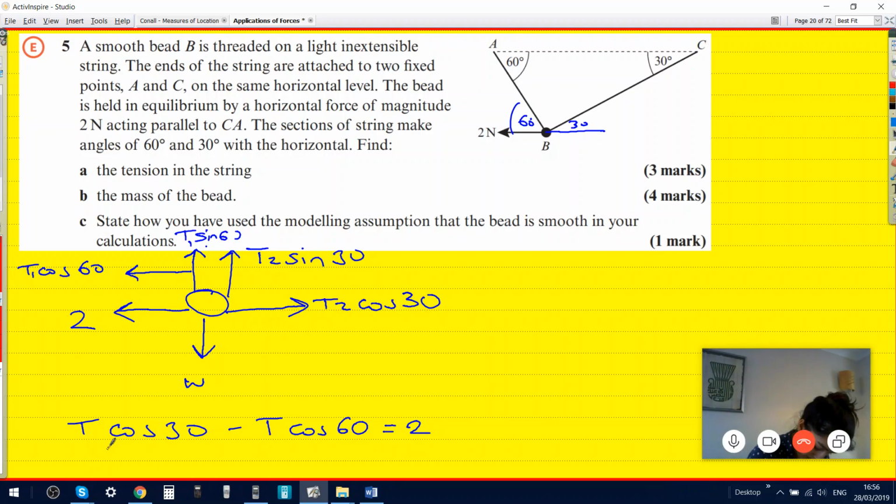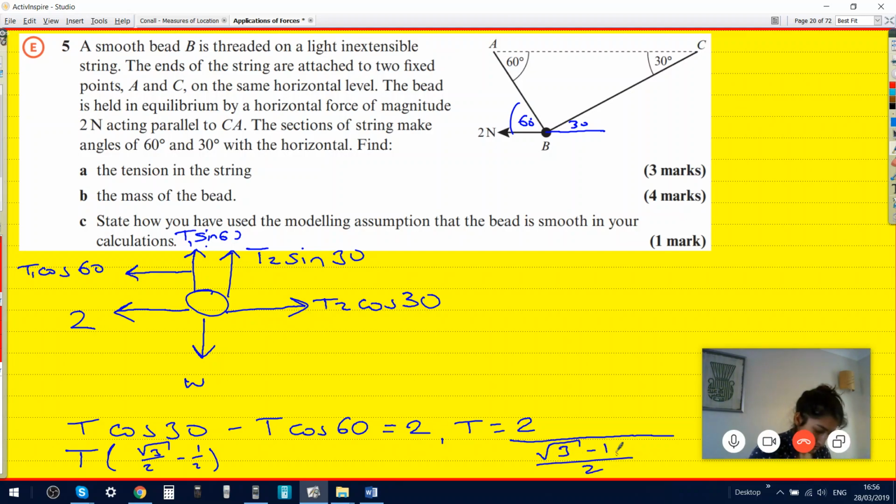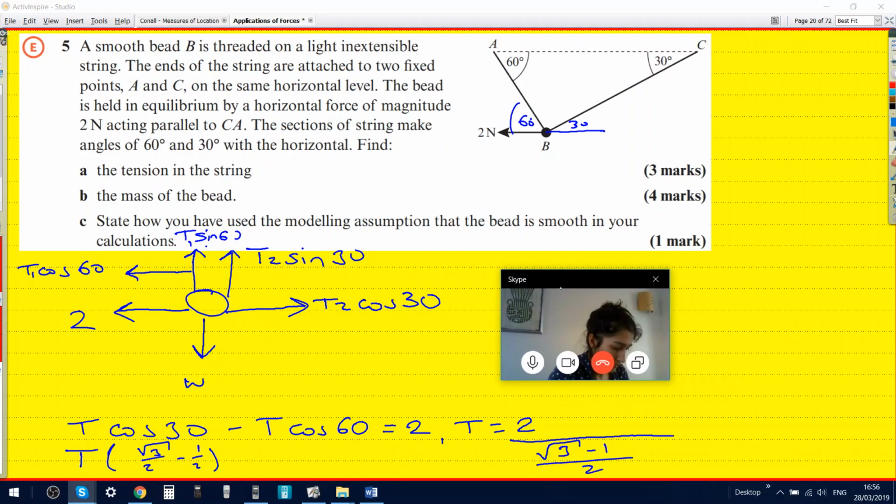Take a factor of T out. So we get T times (root 3 over 2 minus a half) equals 2. T equals 2 over that, so T equals 5.46. Okay.